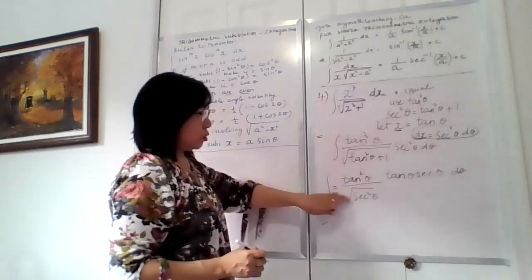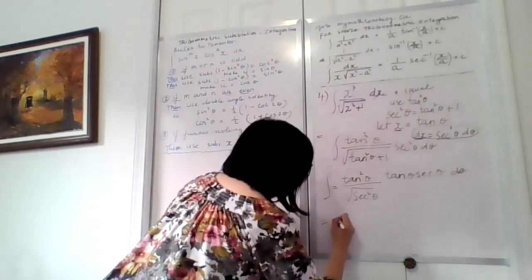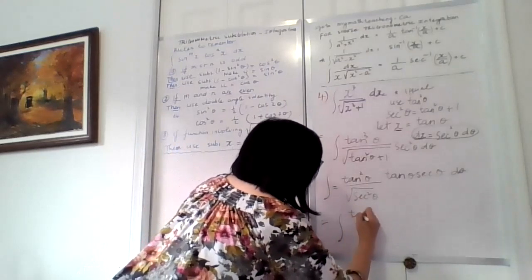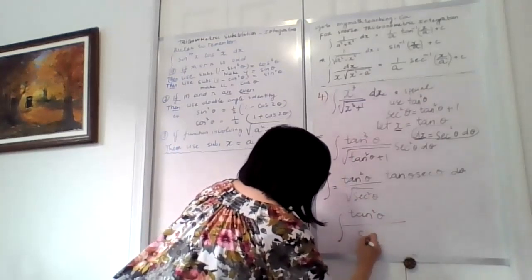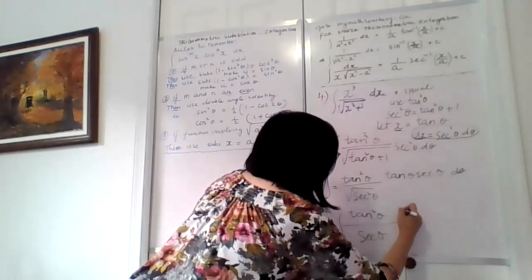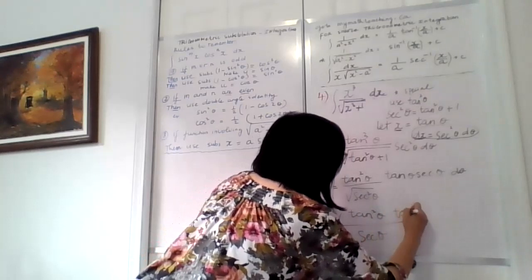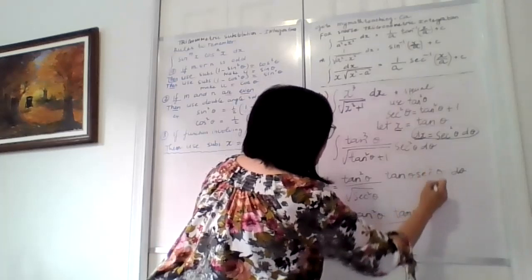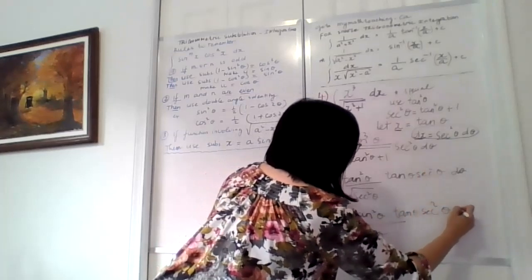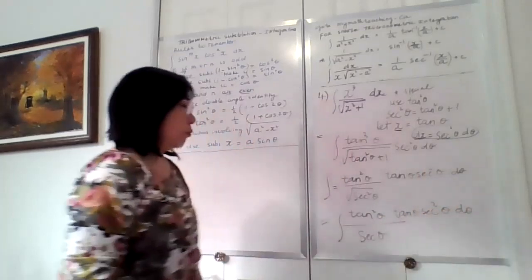Okay, now fortunately for me, I can take the square root of secant square theta. So on the top, I still have tan square theta over secant theta. And here I have tan theta secant, actually this should be squared, I'm missing that, right? d theta.